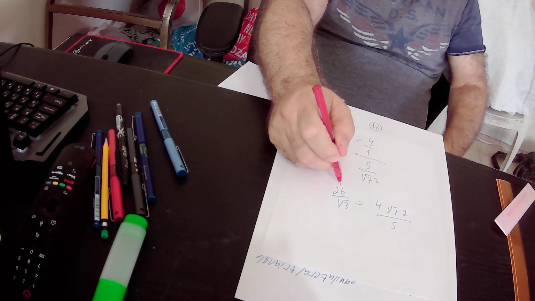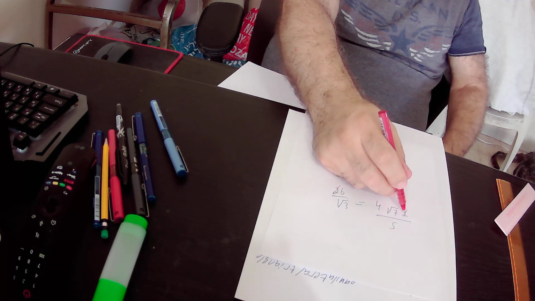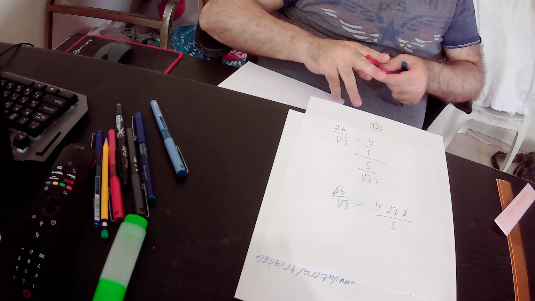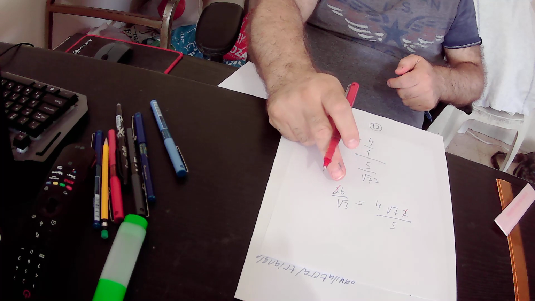We have 2 in the numerator of this side of the equation and 2 on the other side, so 2 is cancelled. We'll multiply this equality by root 3 and we will get the value of b.